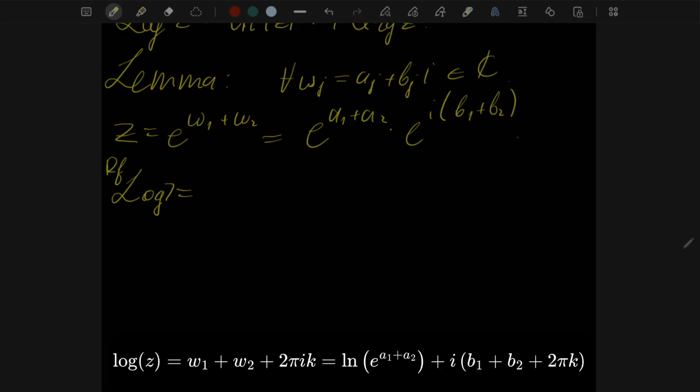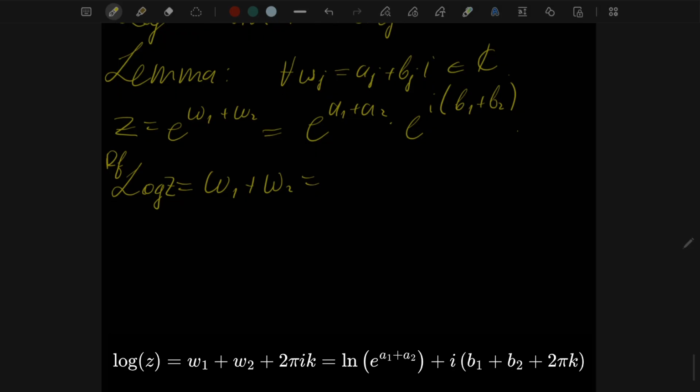Let's take a look at the log z. Of course, it is omega 1 plus omega 2, and by expressing them as real and imaginary parts, it is a1 plus a2 plus b1 plus b2 i. And take note that b1 plus b2 we have with them loop around, so that they have the value from negative pi to pi.